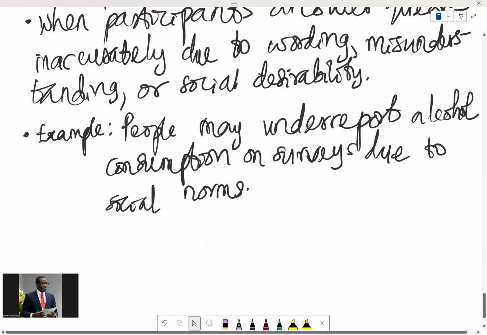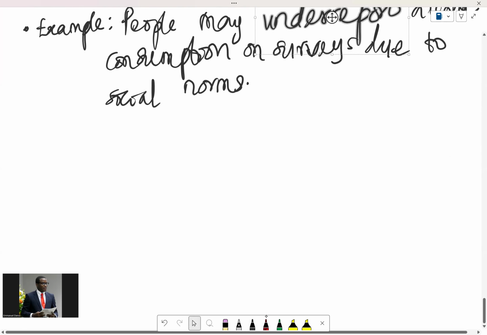Okay, and then that takes us to the third kind of bias that might arise, which is sampling error.